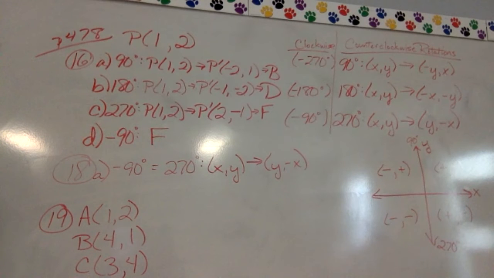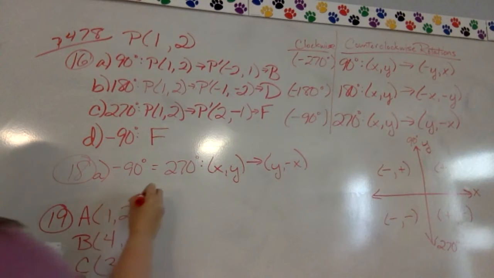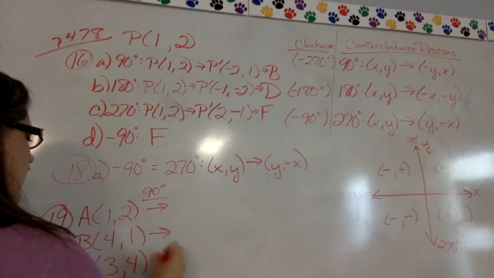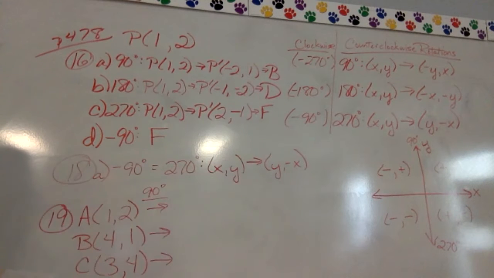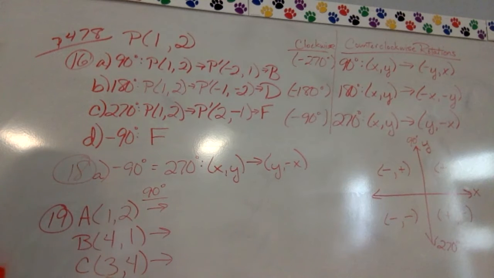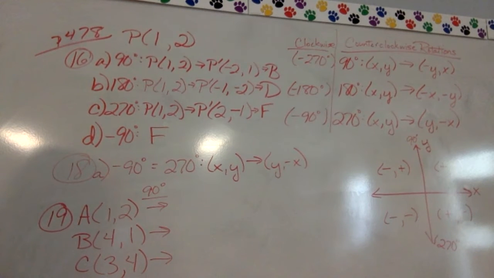Okay. Now it says we're rotating 90 degrees. So we're going to use our rule from our notes for 90 degrees. Our rule says we switch the order of the coordinates and then change the sign on the one in the front.